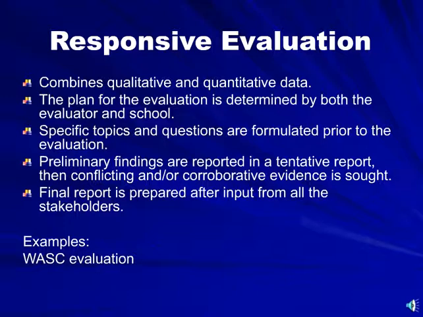And then there is an evaluation that results in preliminary findings or tentative results. And then what happens is that the school simply responds to those tentative findings and elaborates maybe where not enough information was given, or takes issue maybe with some observations that it feels are not accurate.